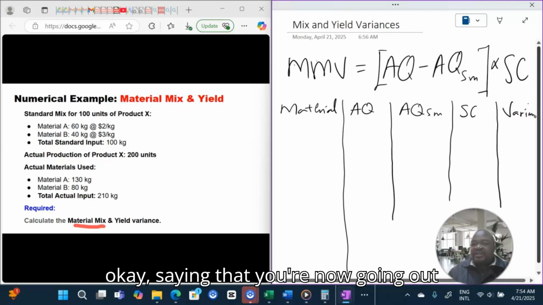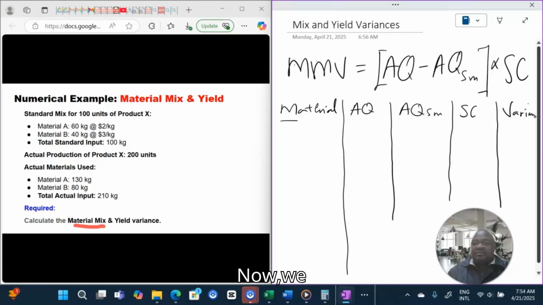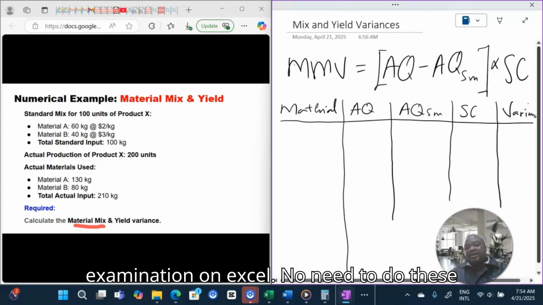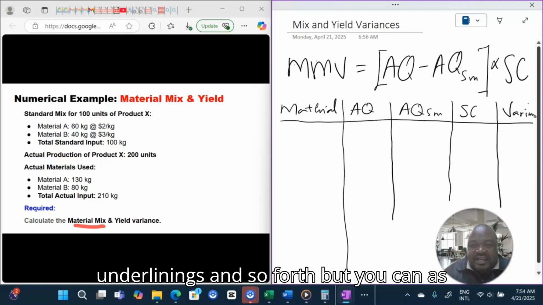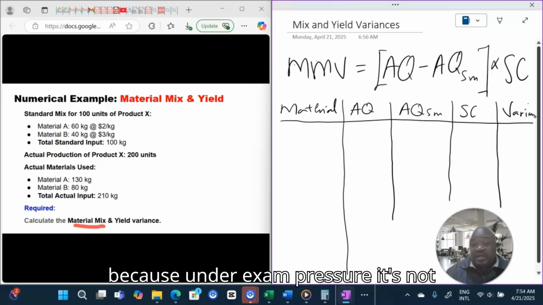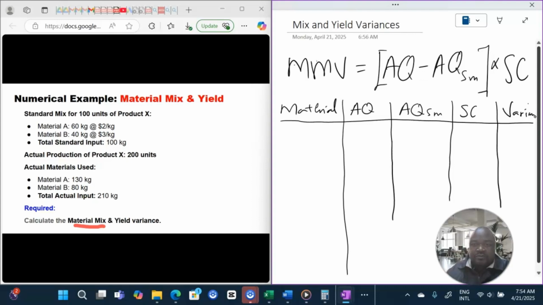That's the variance. In the examination on Excel, no need to do these underlinings and so forth, but you can format it if you still have the time, because under exam pressure, it's not going to be very easy for you to do so.